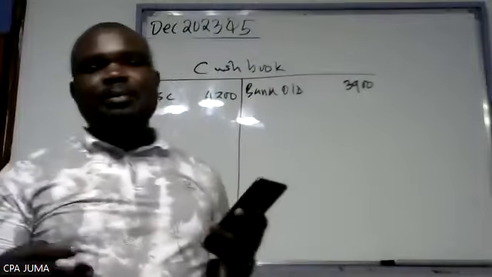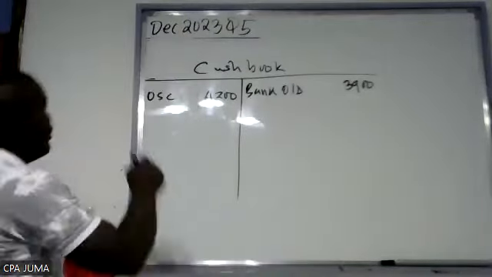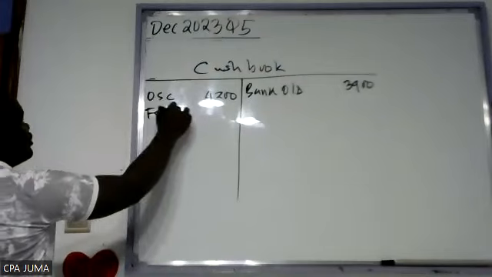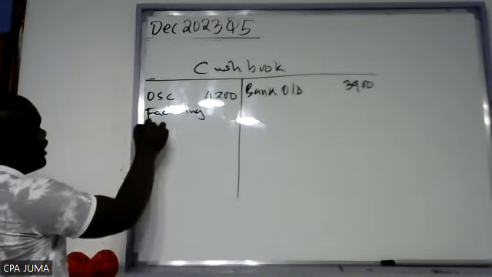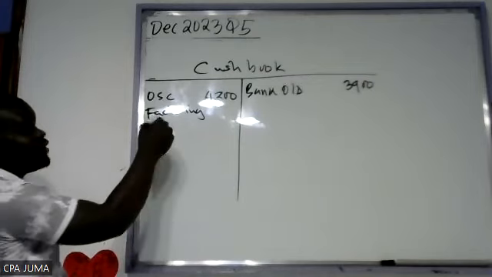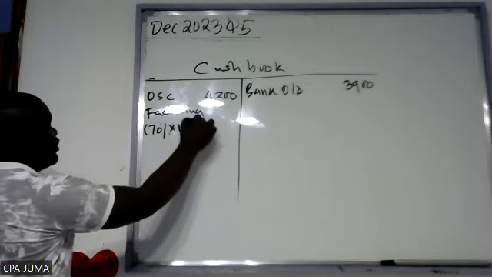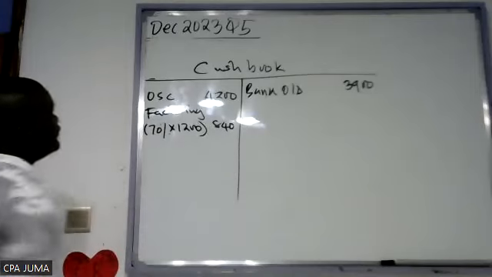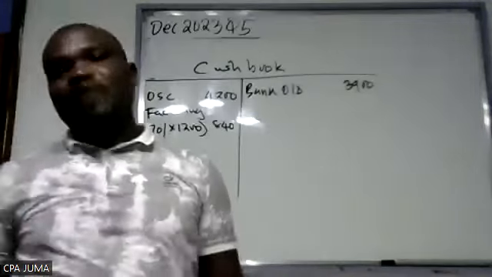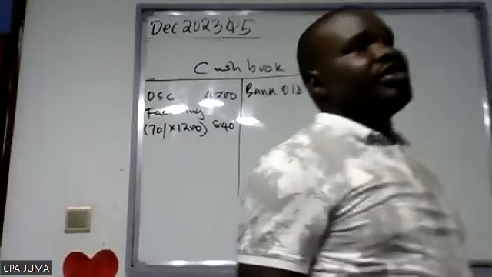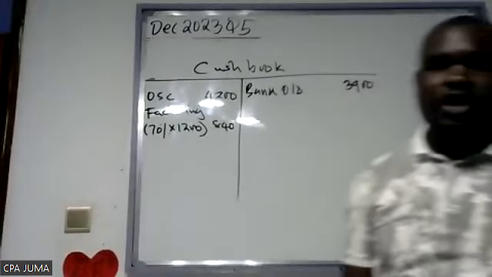So advance, it means we are paid now. So factoring of receivables, advance, 70% of 12, that is 840. They factored receivable of 12 for an advance. So advance means they are getting it right now. Correct.